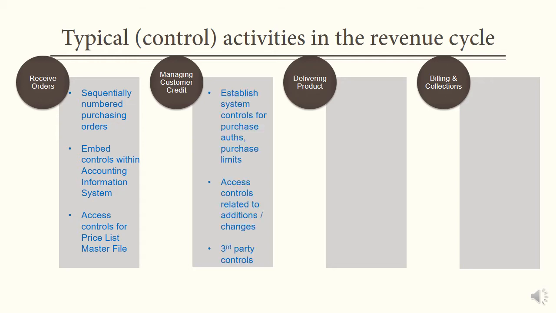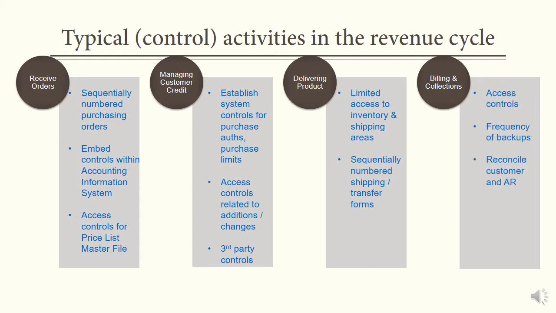With regard to managing customer credit, some of the controls include establishing access controls and limiting access to purchase authorizations, purchase limits, and additions and changes. With regard to delivering the product, limiting the physical access to inventory and shipping areas, and using sequentially numbered shipping and transfer forms. And with billing and collections, access controls, frequency of backups, and reconciliations.